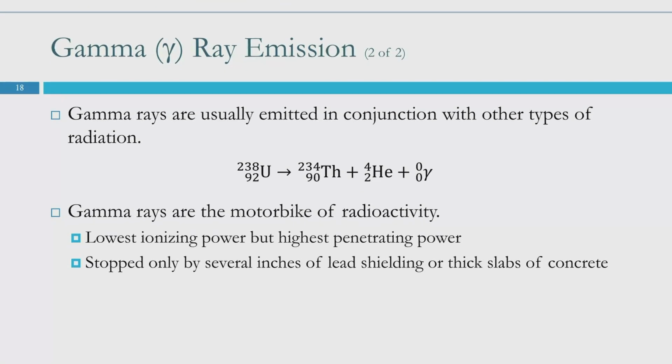For example, this one's paired up with an alpha particle. So uranium-238 can decay to thorium-234 by emitting an alpha particle, and when it does that, it also has extra energy that it needs to get rid of in the form of gamma rays. Gamma rays are the motorbike, the motorcycle of radioactivity.